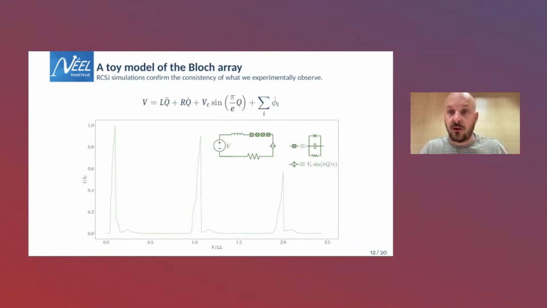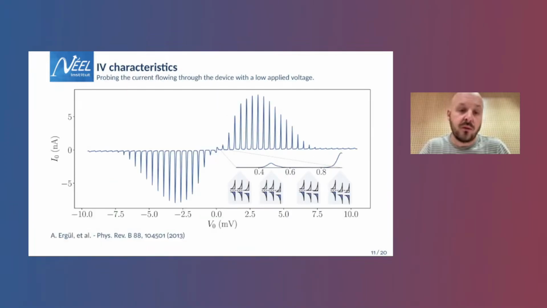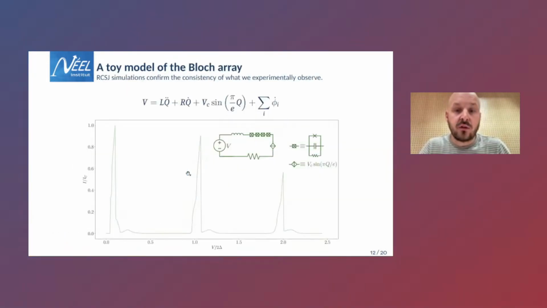Then we said, okay, do we understand this? So we slightly adjusted the theory described in this paper. What we did, the very simple, experimentalist-level theory, is the following. We write an equation of motion for this system. We have a voltage, a very large inductance in series with 4 large Josephson junctions.